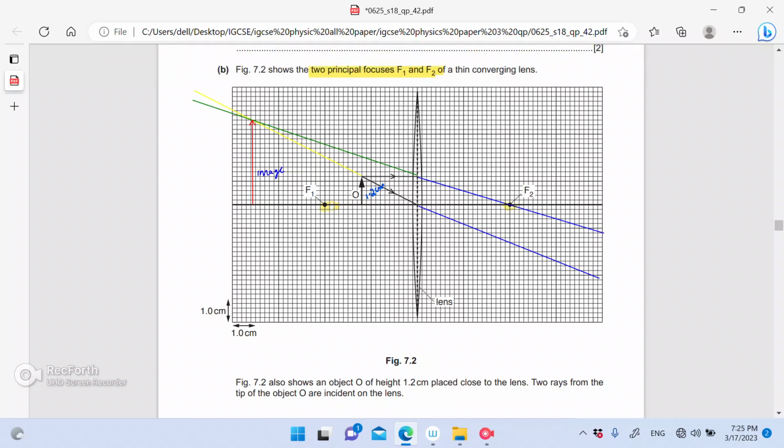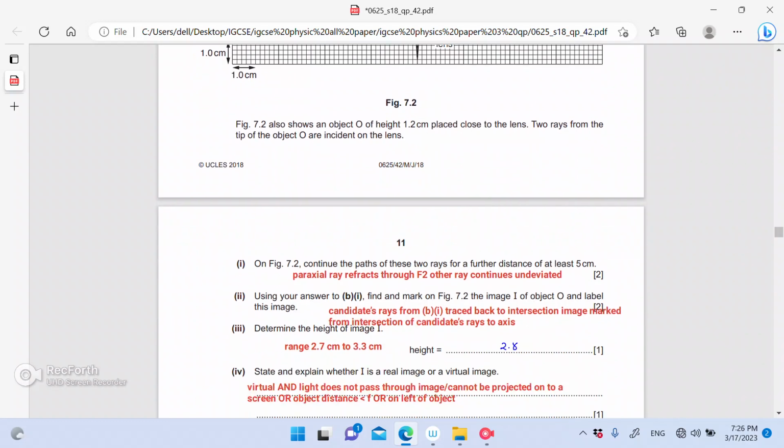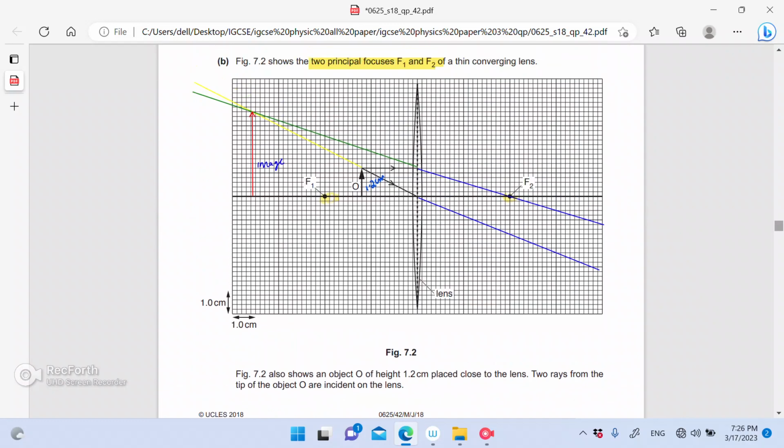Two rays from the tips of the object are incident on the lens. So they are saying continue the path of these two rays for a further distance of at least 5 centimeter. So you can see two rays, continue it. Just see where the image will form.